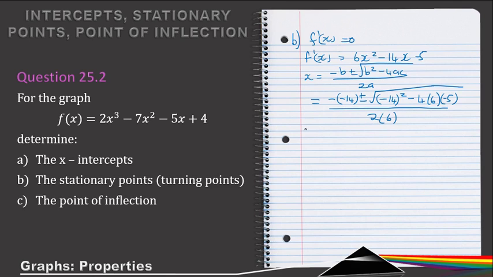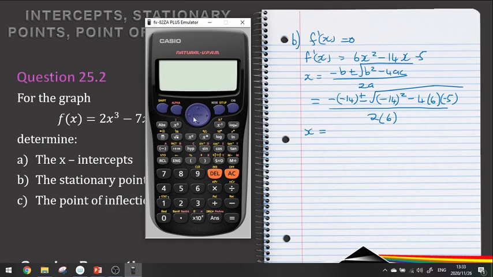Right, and then let's type that in. So minus minus is plus, so I'm just going to say 14 plus the square root of, now brackets is important, minus 14 squared minus 4 times 6 times negative 5, over 12.